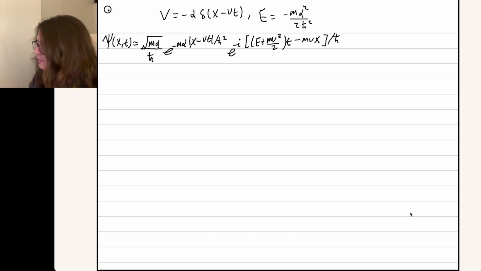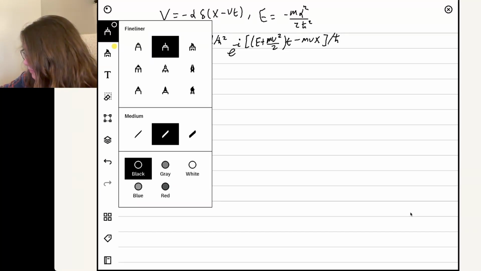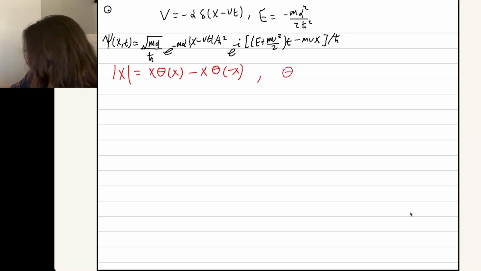I tried to write it first how Griffiths wrote it, but I'm immediately going to rewrite it using a mathematical definition: you can write the absolute value of any function x as x times theta of x minus x theta of minus x, where the theta function is just 1 for x greater than 0 and 0 for x less than 0.